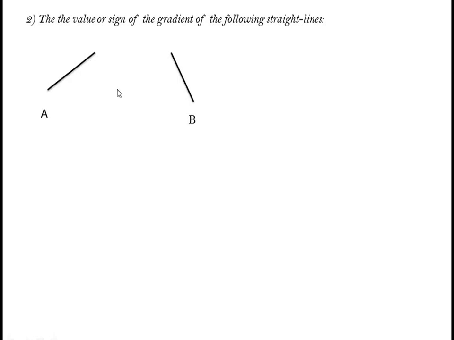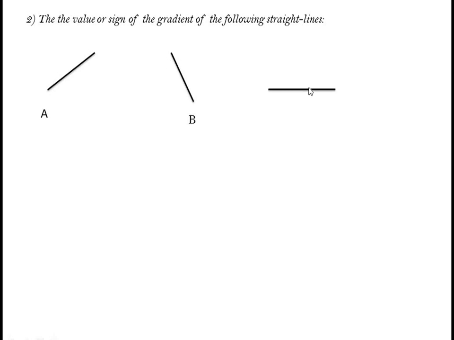Change in displacement over change in time is velocity. And if it's velocity with respect to time, we are now looking at how it is accelerating. But this one is instead decelerating, right? So you see that here, for line B, the gradient is negative.